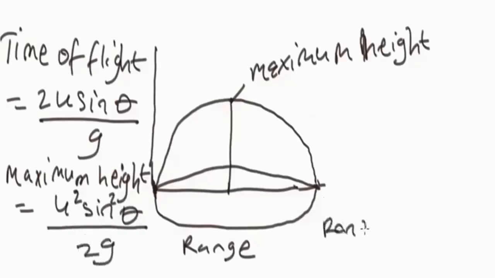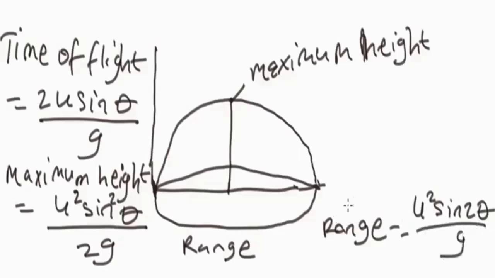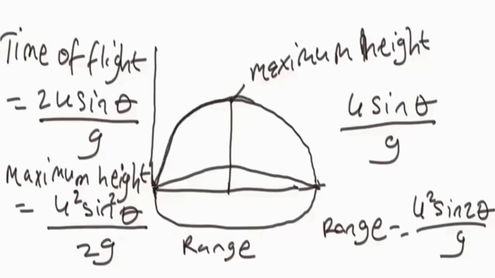Range is calculated using u square sine 2 theta over g. The time it takes the body to reach maximum height is calculated using u sine theta over g.